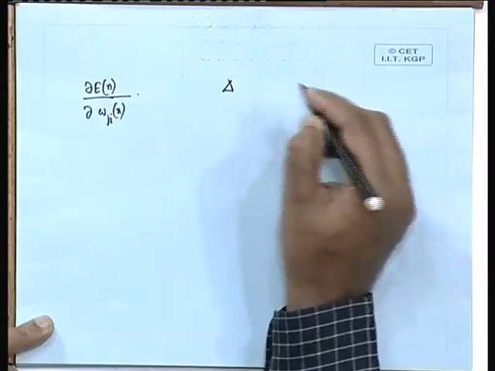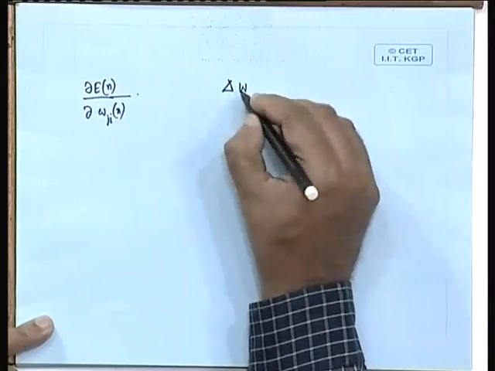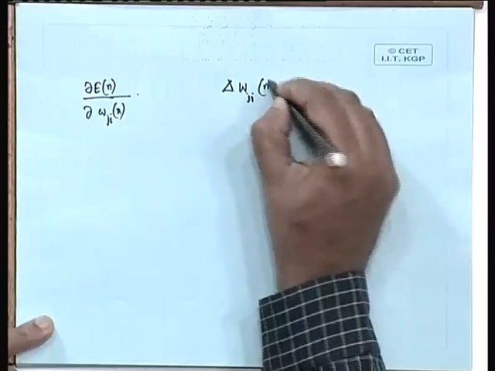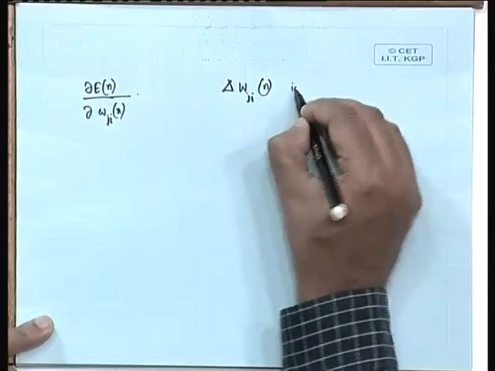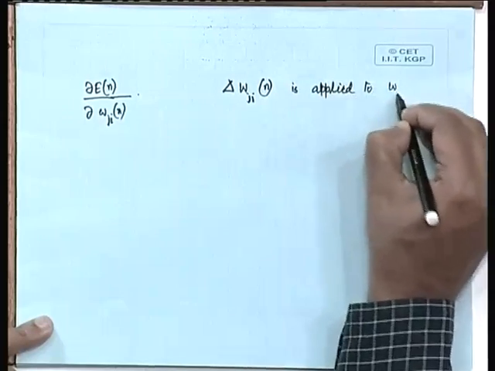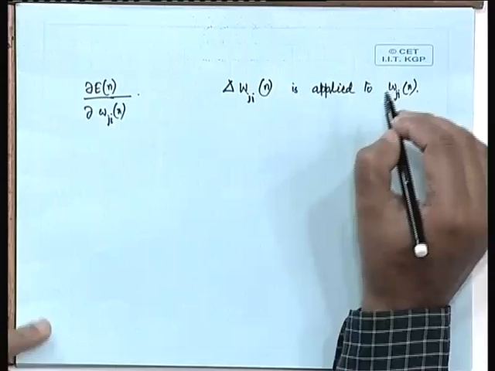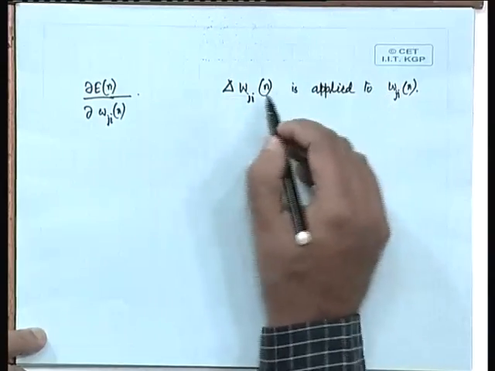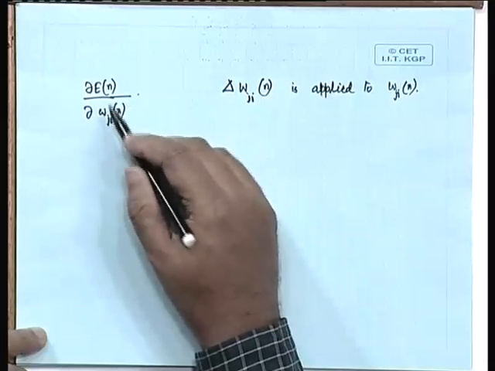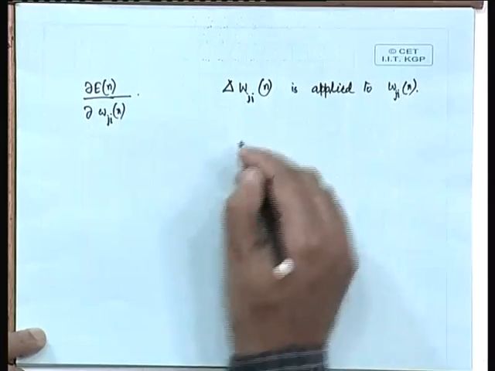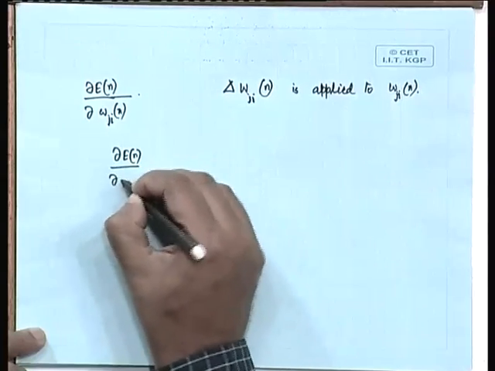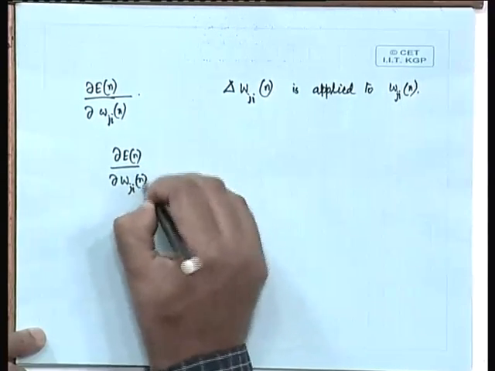Because the change of weight, delta w_ji(n), that we are applying to the current weight w_ji(n), is proportional to this partial derivative of E(n) with respect to w_ji(n).